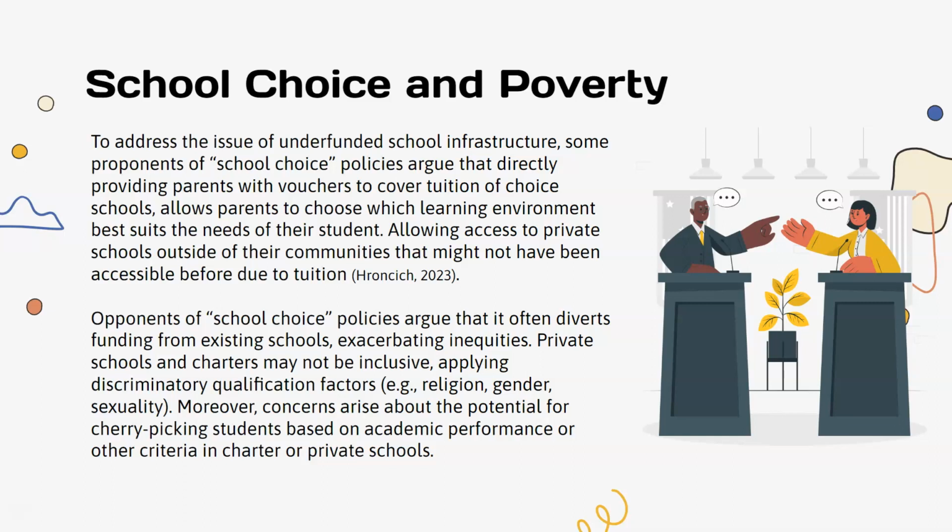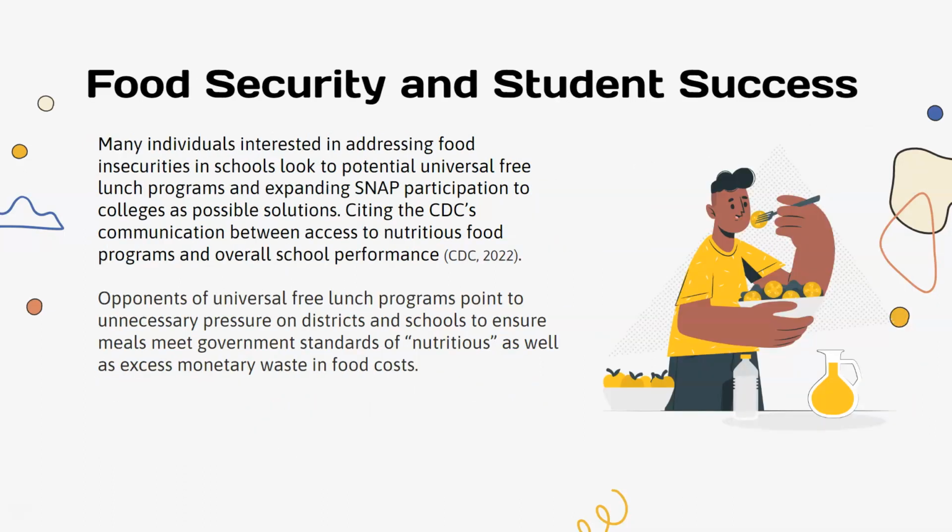Also, they tend to cite that private schools and charters may not be as inclusive as current public schools. Some may even be cherry picking students based on academic performance or other criteria to make their private or charter school seem more prestigious.